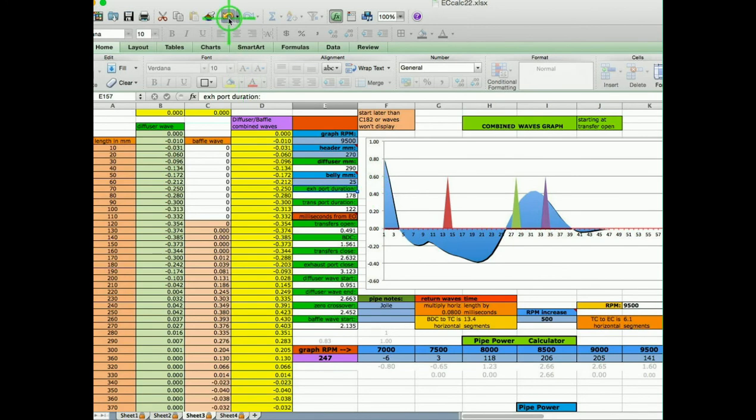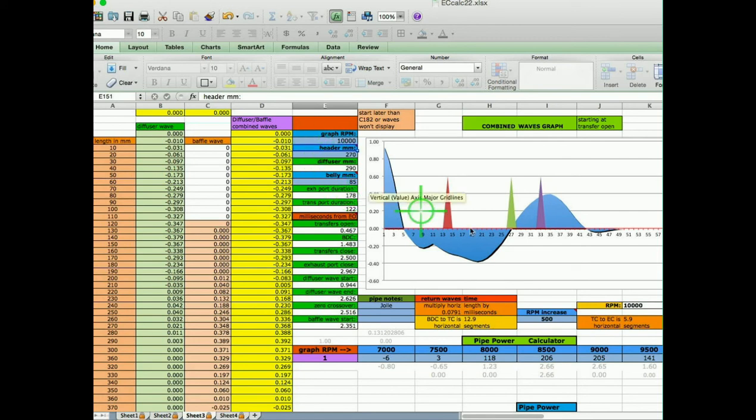Basically speaking, the power band is pretty much from this point at the end of it, when the crossover is right at transfer closing, in this case at 10,000, and when the end of the baffle wave is close to EC.